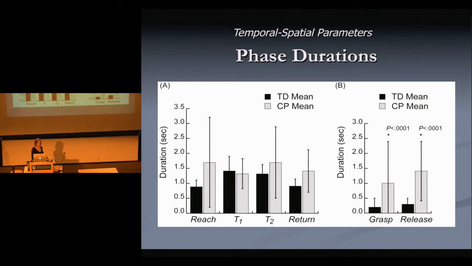And we can see that the transport phases, which is T1 and T2, for the typically developing population are statistically significantly longer than the non-transport phases. We did not see that same trend in the children with cerebral palsy, the ones in gray here. The kids with CP had much longer grasp and release times, which contributed to the overall increased movement time.